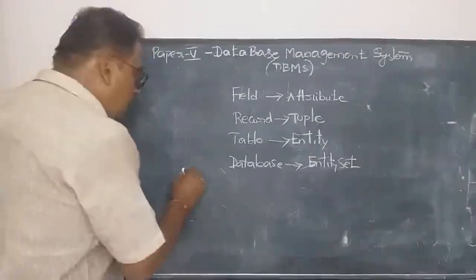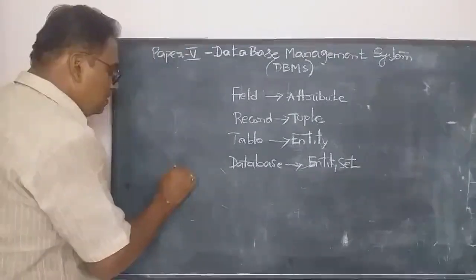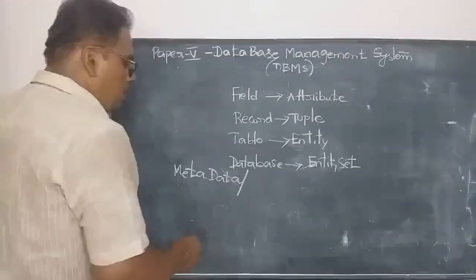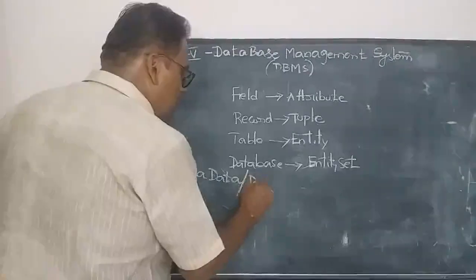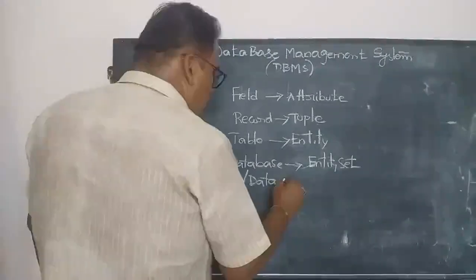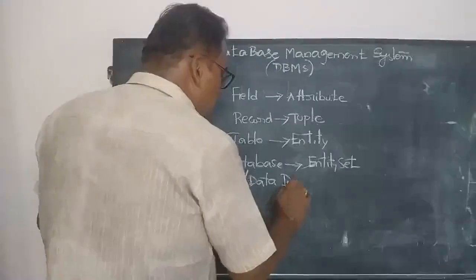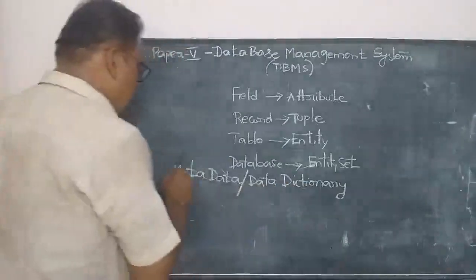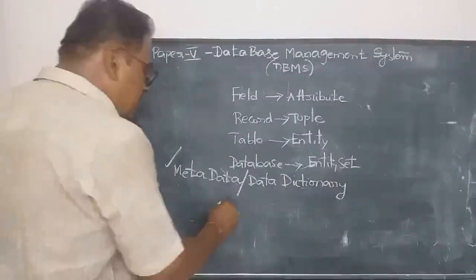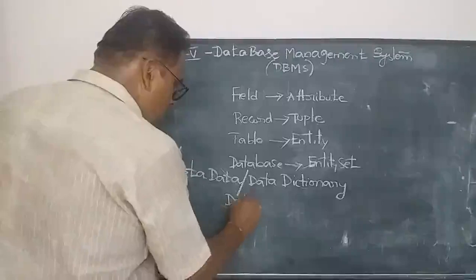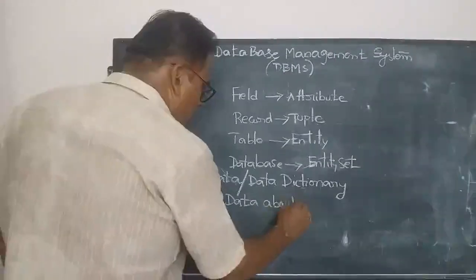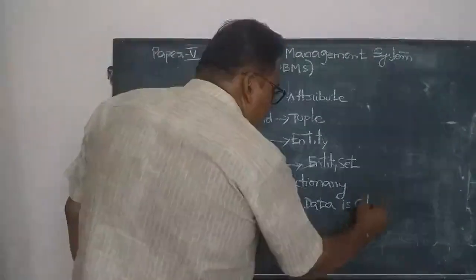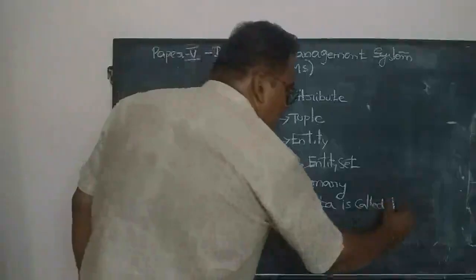Now, another definition is metadata or data dictionary. Data about data is called metadata.